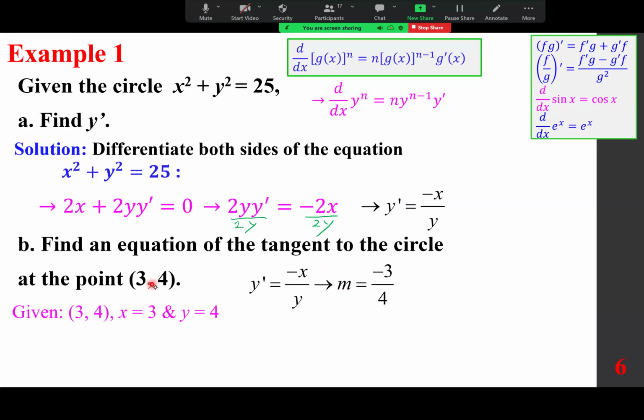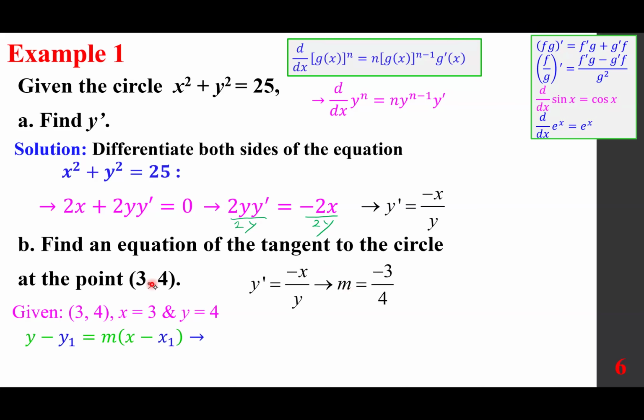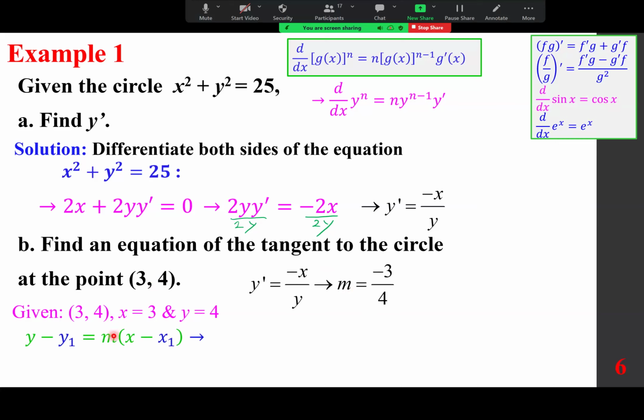y minus y1 equals m times x minus x1. y minus 4 equals negative 3/4 times x minus 3. You are going to distribute, and you're going to move the negative 4 to the other side.